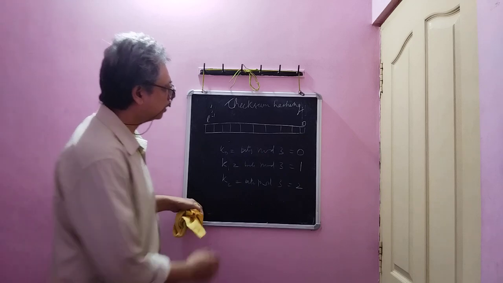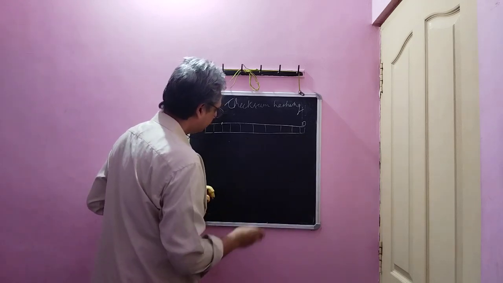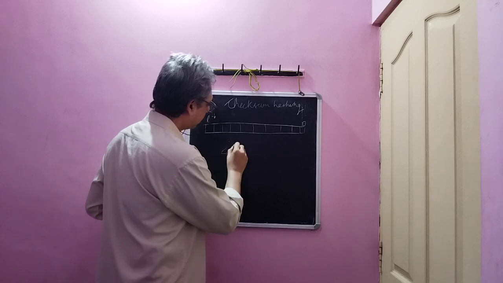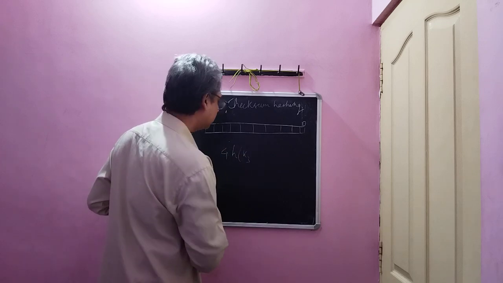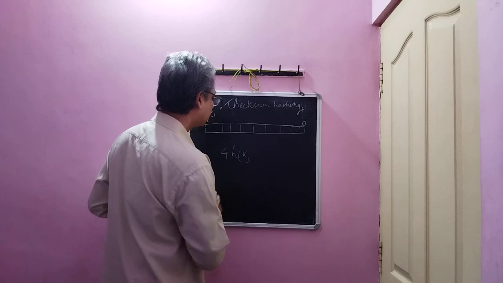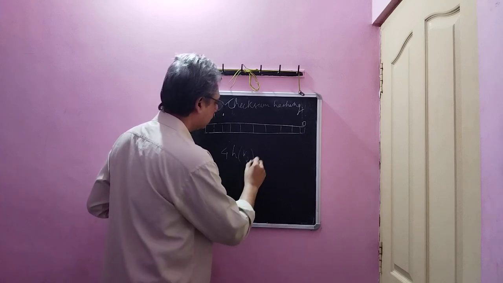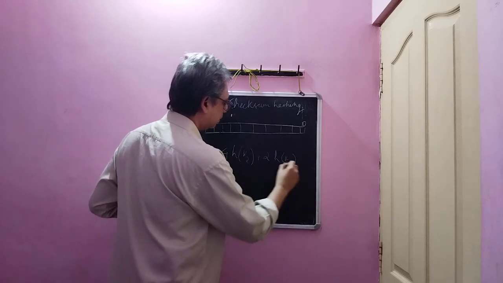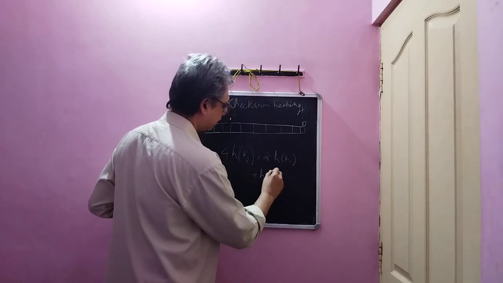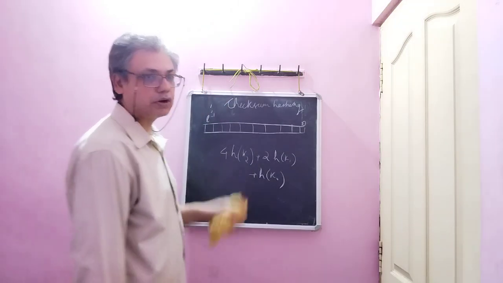So now the hash value will simply become 4 times h of K2 plus 2 times h of K1 plus h of K0. In other words, will this be order preserving?